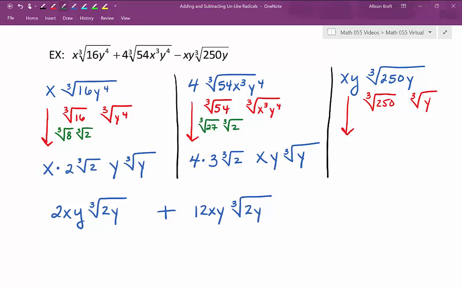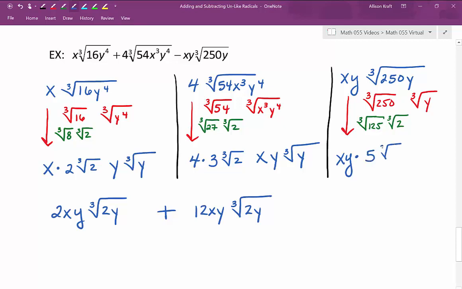To simplify the cube root of 250, we look for the largest perfect cube that's a factor. That'll be 125. That goes in 2 times, so we get the cube root of 125 and the cube root of 2. Here's my multiplication by xy that I bring straight down. Cube root of 125 is 5.